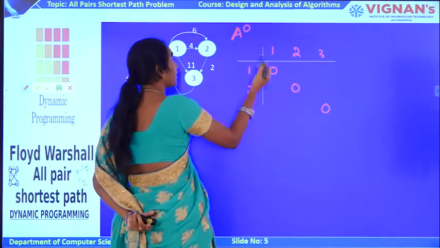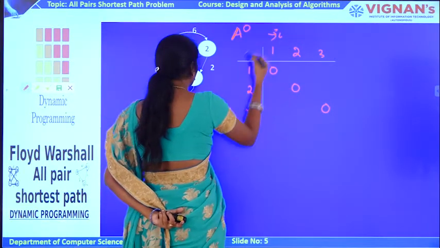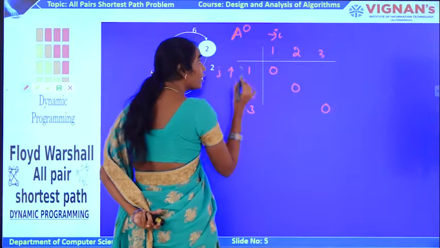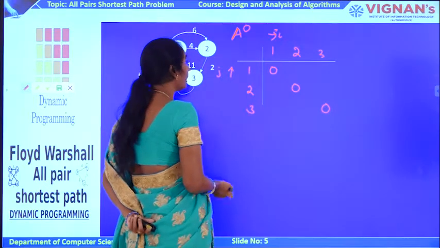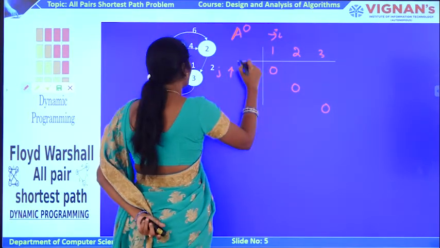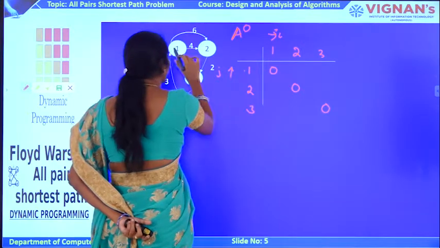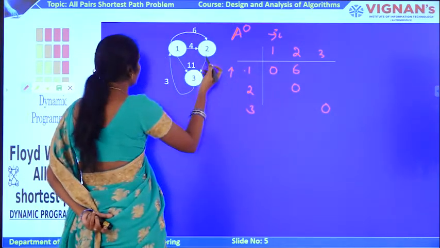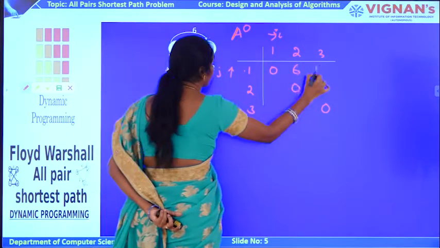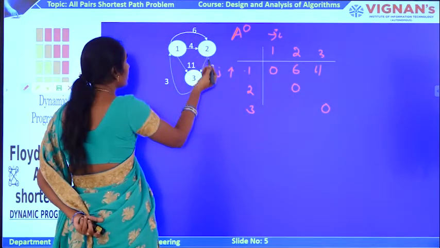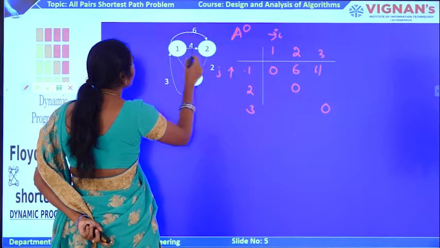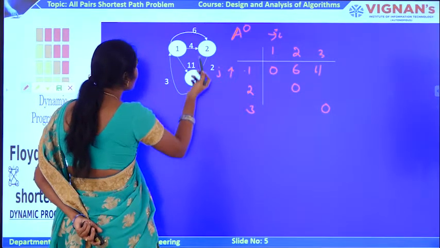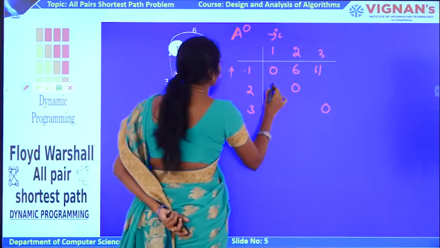Let us consider this as i and this as j. So 1 to 1 is 0. Now 1 to 2, what is the cost? 6, and 1 to 3, 11. 2 to 1: is there any path from 2 to 1 directly? No, so infinity.